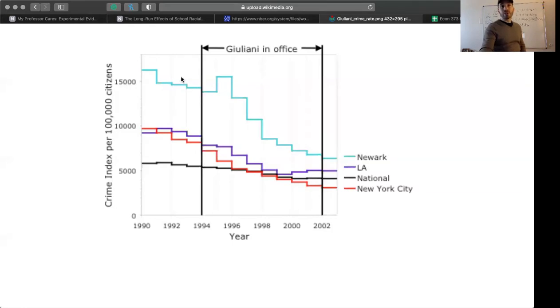By and large, I don't care about the fact that the baseline is higher for Newark relative to New York City. That doesn't actually matter to me, other than thinking about the variable that we're measuring.